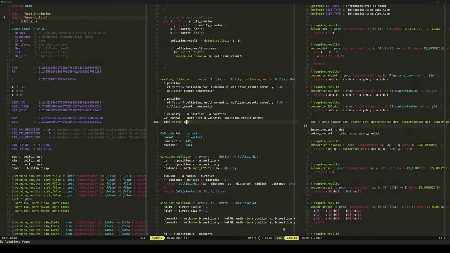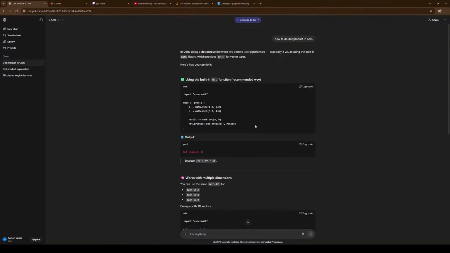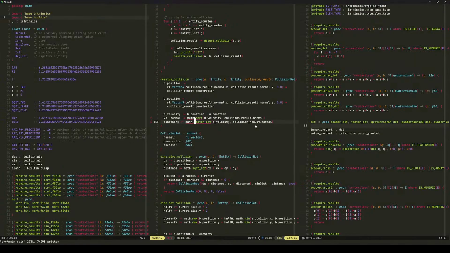Okay, so is it because of something? What is the issue? D velocity and then collision results dot normal is not declared in math. Why though?